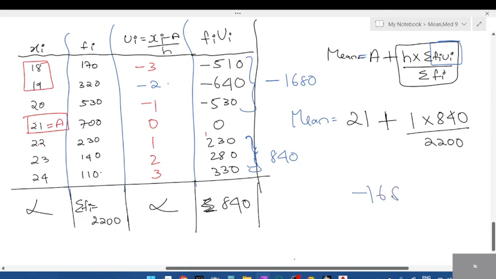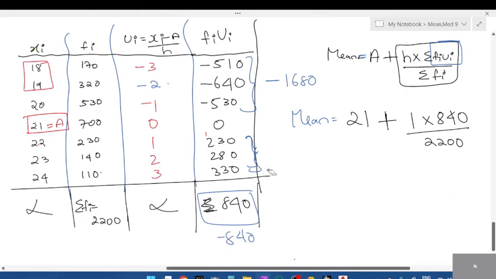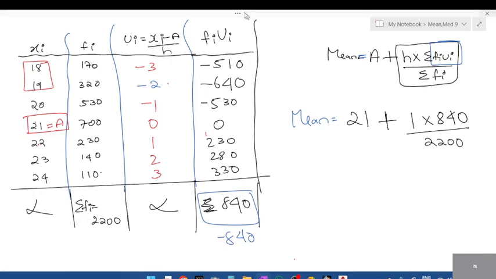What is minus 1680 plus 840? Is it positive or negative? Minus. Okay, that is what I have missed here. It should have been minus 840. See, one silly mistake, we are not able to get the final answer. So minus 840. Make a note of this. Let me erase and do it.